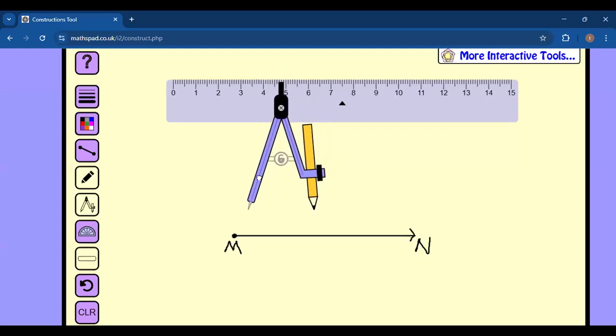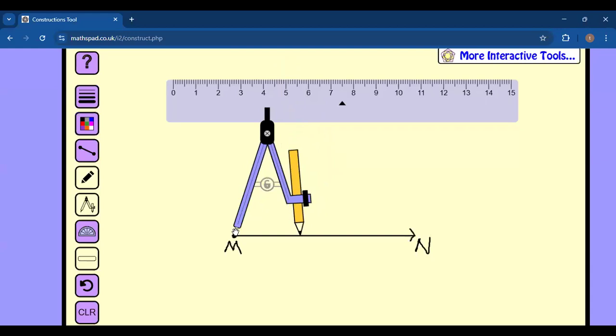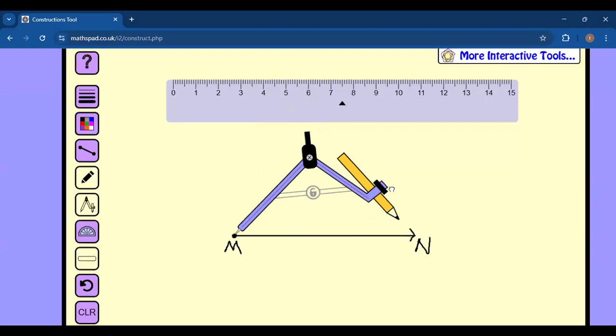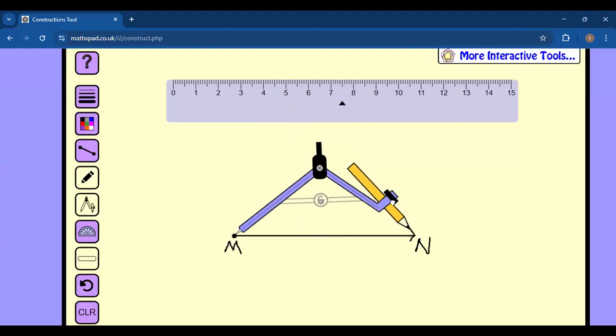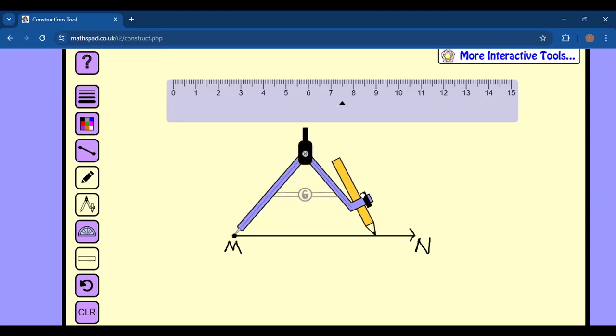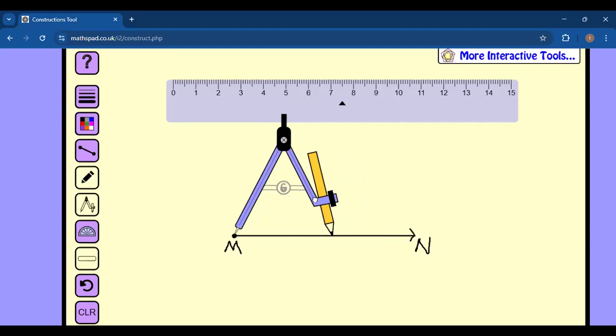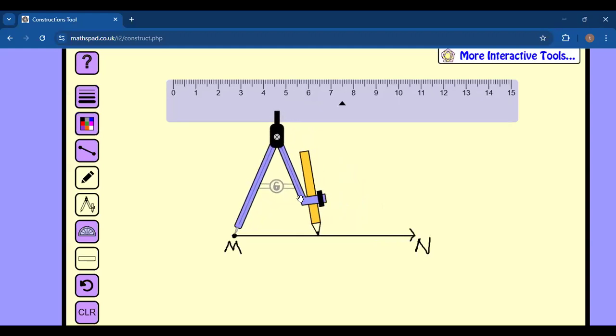So I'm going to take this compass and put it right here. Then I'm going to open it up. Will I put it all the way here? Is this a good place? No. A little less, right? So about here. Yes. Then I'm going to lock it, because I don't want it to change.